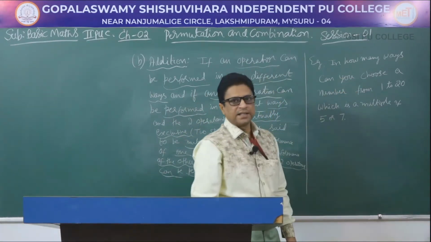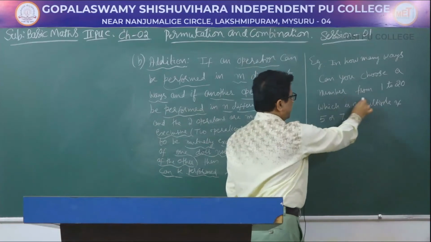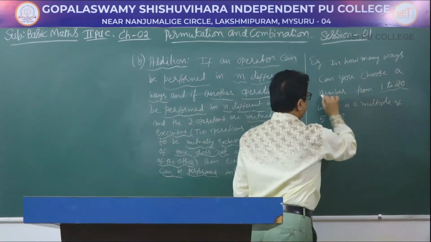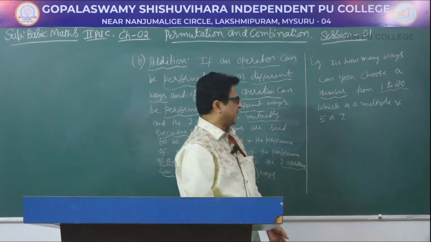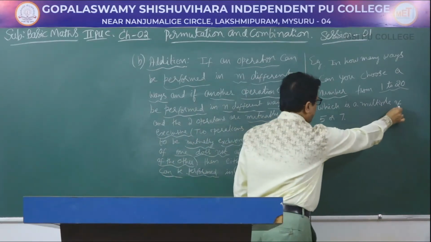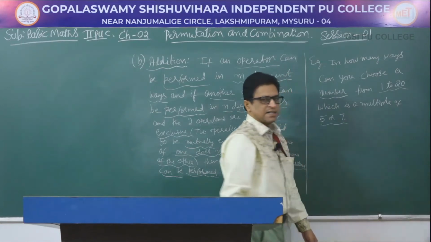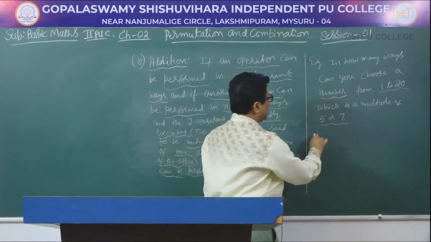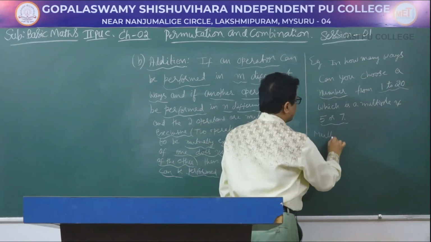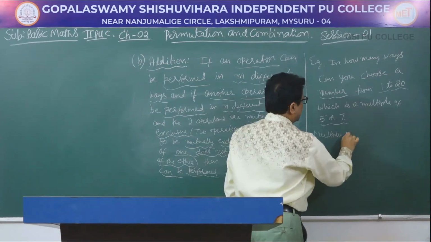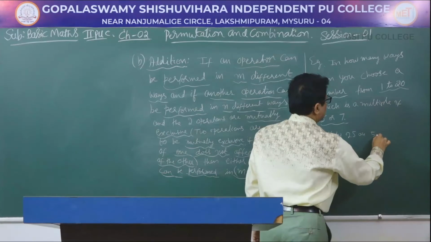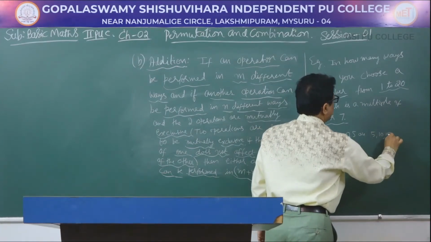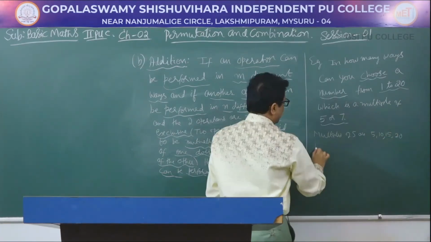In how many ways can you choose a number from 1 to 20 which is a multiple of 5 or 7? So what are the multiples of 5? Multiples of 5 are 5, 10, 15, 20.